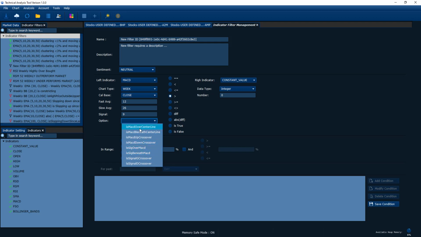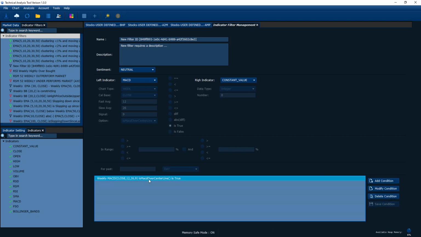For example, the first one is, I want to see all the shares or charts with the MACD line over the center line. You can say move above the center line is true, because this function is a yes or no question, so you have to specify is true or is false. Right now we say it's true and save conditions.